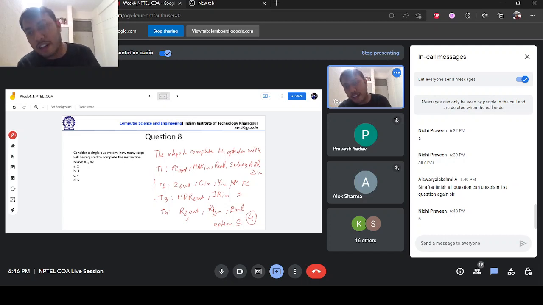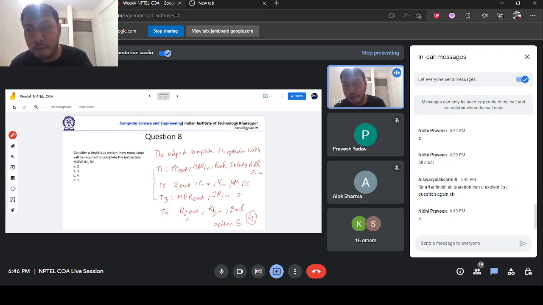Again, remembering the control signal names is not important. The question here asks how many steps are required. 3 steps will always be required because you need to fetch the instruction from the memory to the instruction register. So T1, T2, T3 will always be fixed. Now this instruction does not require any temporary registers.